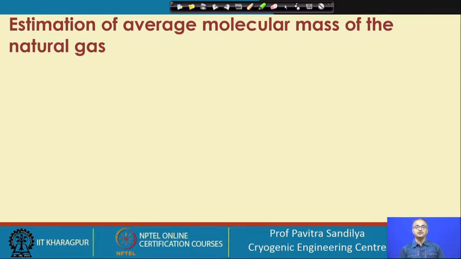Now, first we go for the estimation of the average molecular mass of the natural gas. For this we shall use the formula, that is the summation of the product of the mole fractions and the molecular weight.